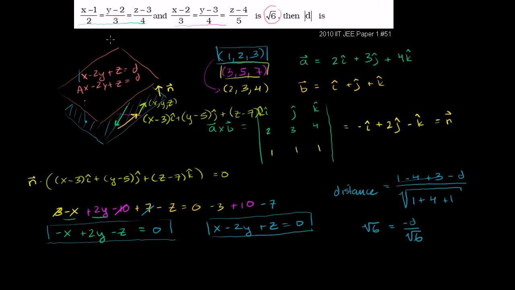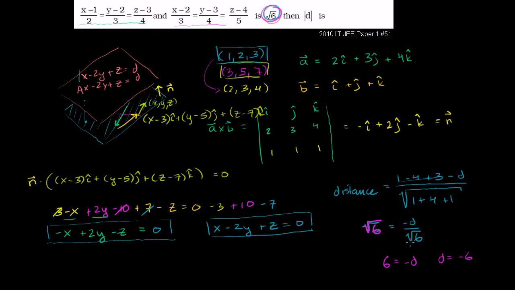The distance between the two planes is going to be the square root of 6. And so then if we solve for d, multiply both sides of this equation times the square root of 6, you get 6 is equal to negative d, or d is equal to negative 6.